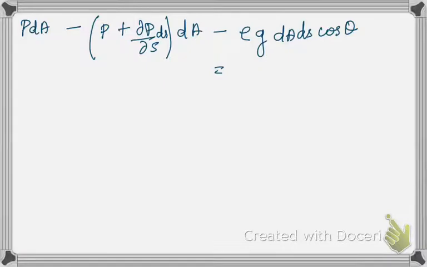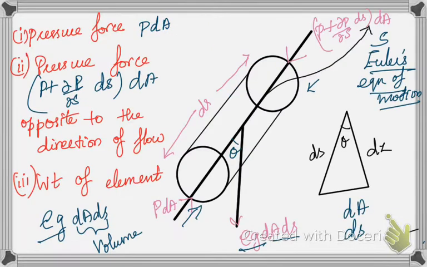So mass is nothing but rho dA into ds, into as. I hope you understand how this cos theta comes: since it is making an angle theta, we have to take the component, and we have to take that cos theta into account.